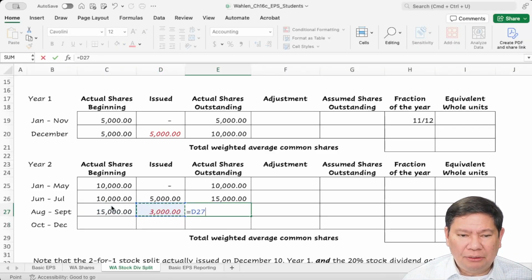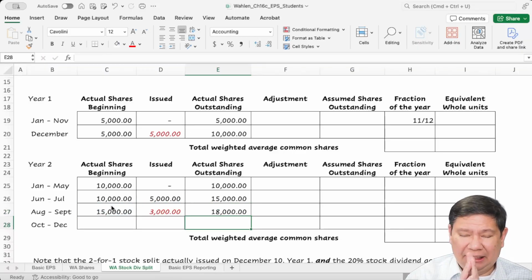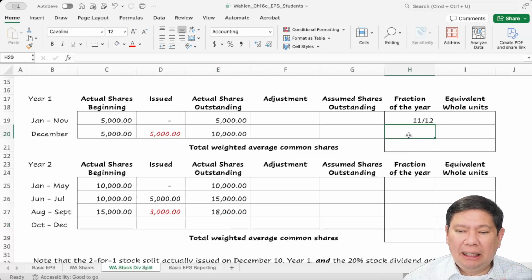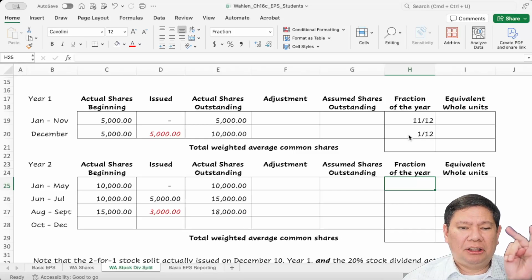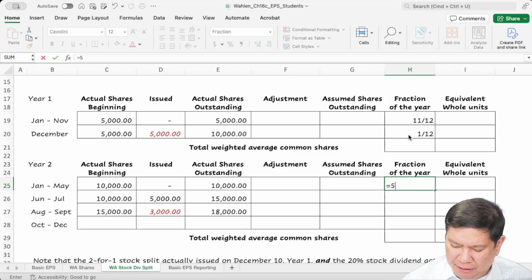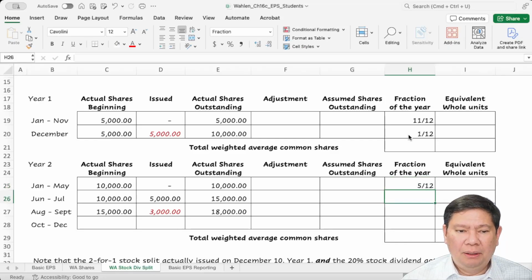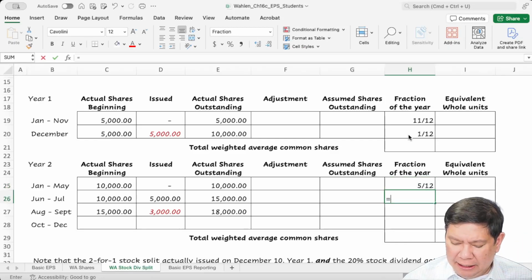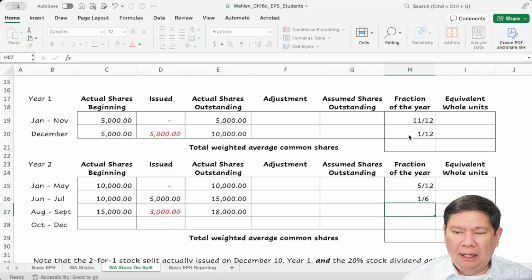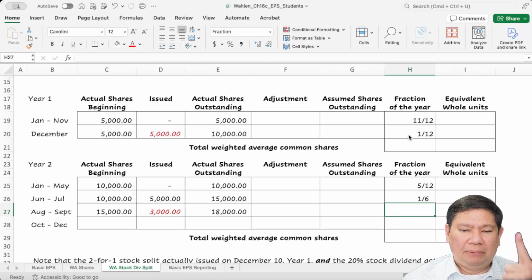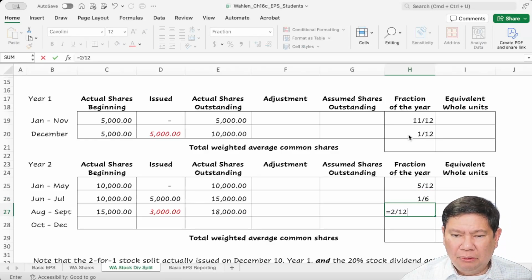So now the number of shares becomes 18,000 shares, and that's until September. So I should put here the fractions: January through May is 5/12, June and July is 2/12, and August and September is 2/12.